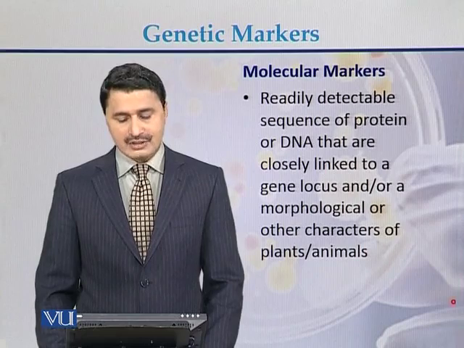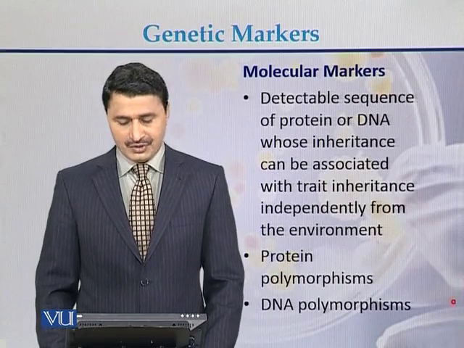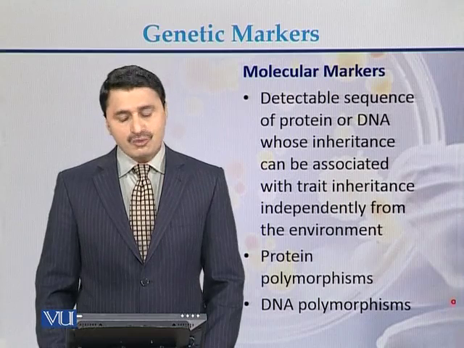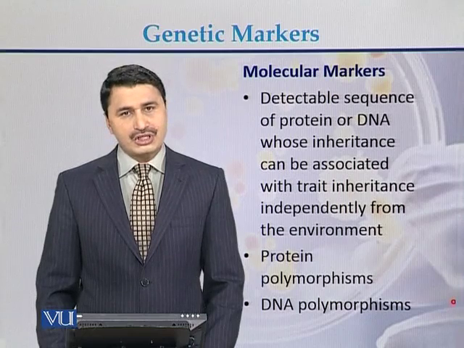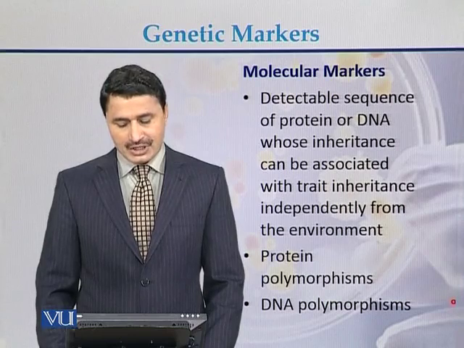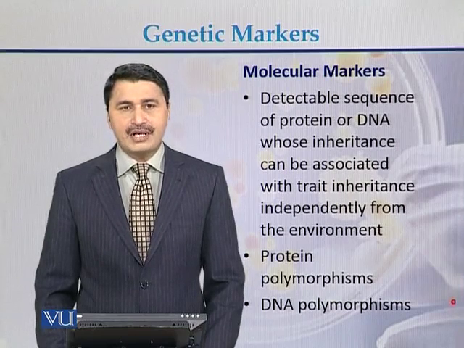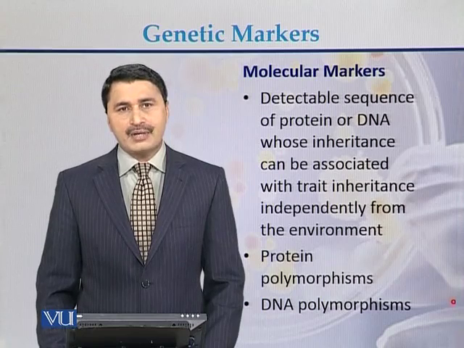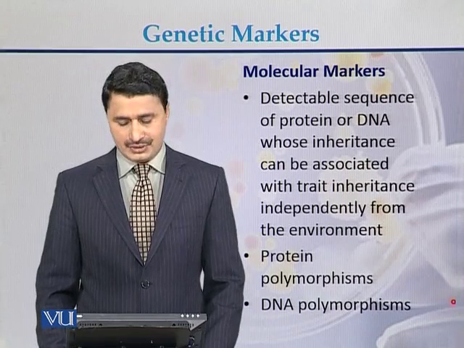So they are called molecular markers. They are a detectable sequence of protein or DNA whose inheritance can be associated with traits independently from the environment. It means that there should be no effect of the environment on the phenotypic characters.